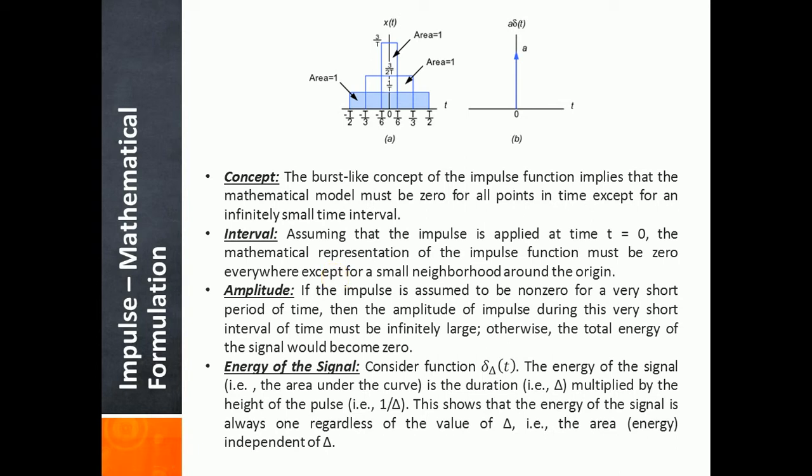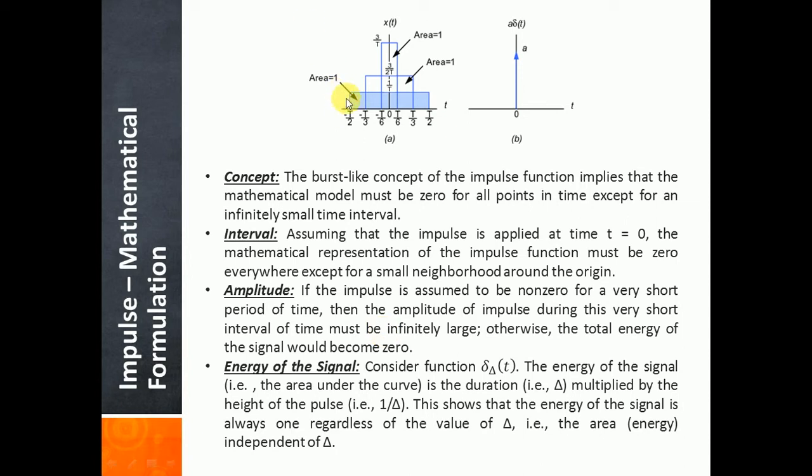The amplitude is not 1; the total energy of the impulse is 1. That means the amplitude is directly determined by the interval.